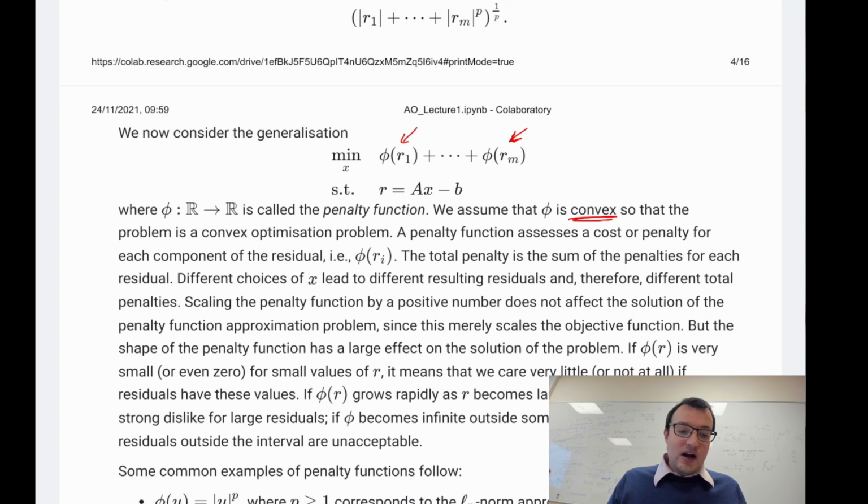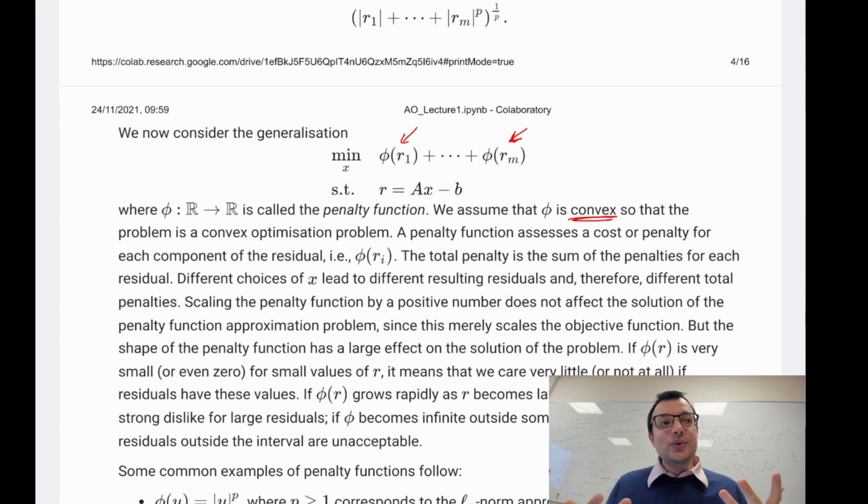In particular, if you have a function phi that doesn't weight much small residuals, but weights very much larger residuals, you can imagine that these phi's can be, for instance, an L2 norm, okay, so quadratic norm. If instead you have a penalty function that weights all residuals in the same way, then you have an L1 norm, okay, so a straight line.